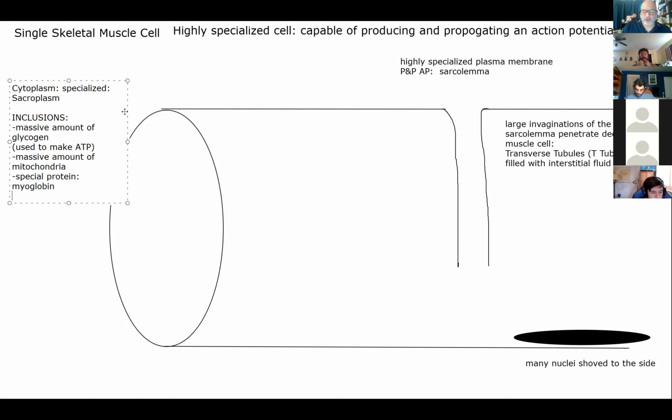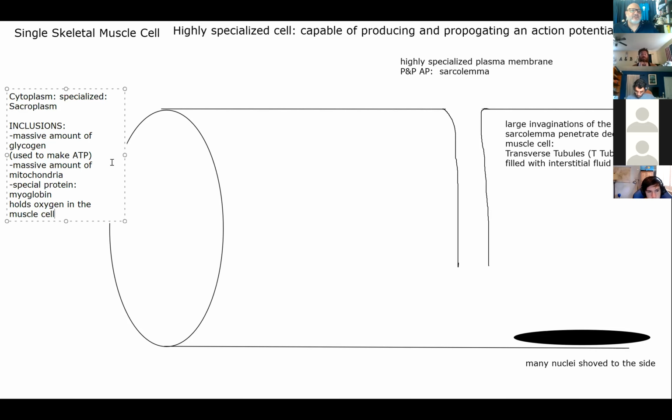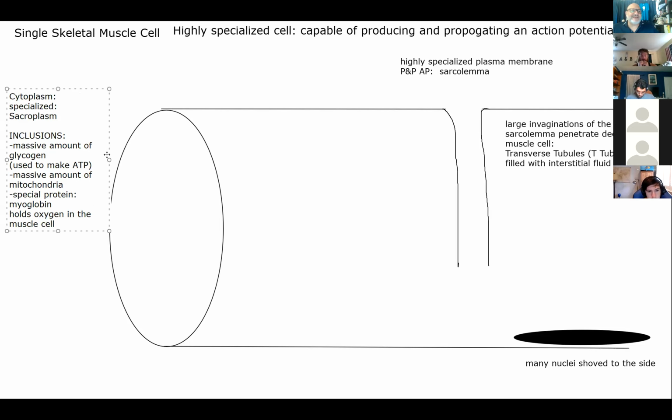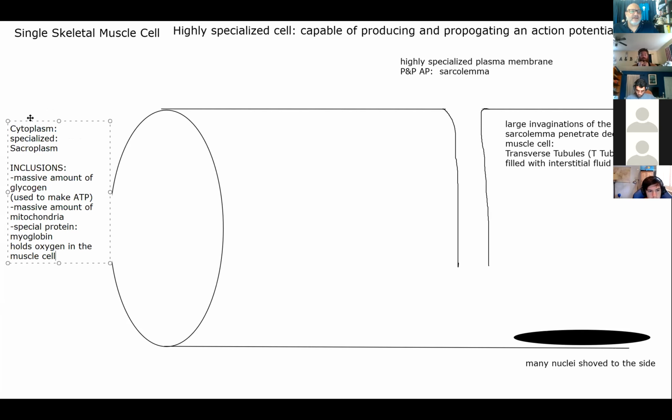Well, this myoglobin holds oxygen in the muscle cell. So notice among the other specializations we're going to see, this cell is able to contain a massive amount of resources, helping it to make lots of ATP.